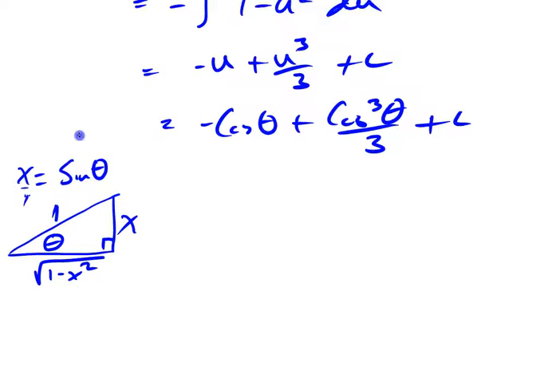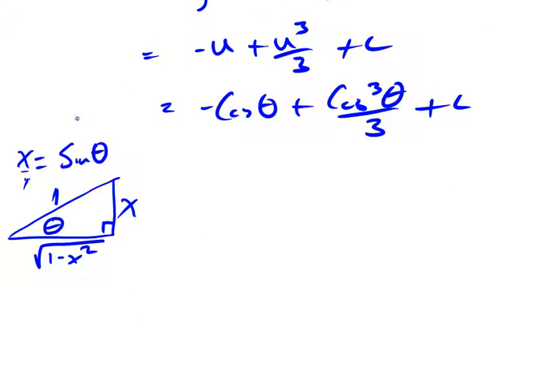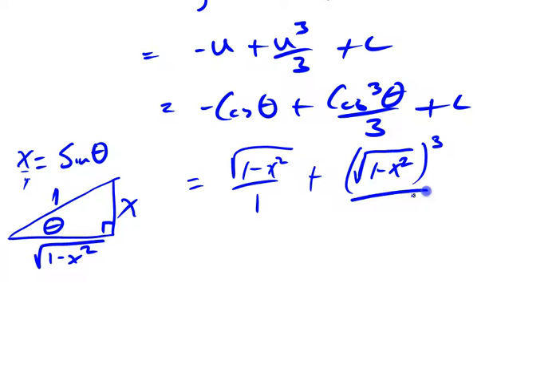So when that happens, I figure I'm on the right track. So anyway, this triangle lets me see now what cosine of theta is, because cosine of theta is the adjacent over the hypotenuse. So looking at this, the cosine of theta is the square root of 1 minus x squared over 1, but I need that cubed over 3 plus a constant.